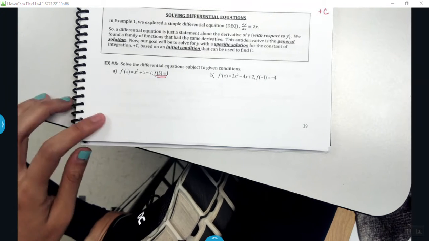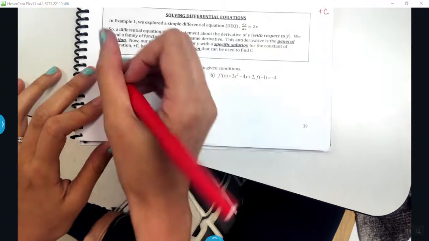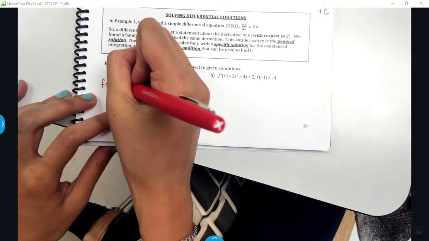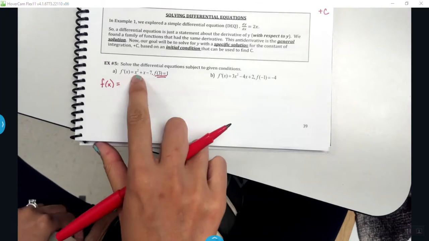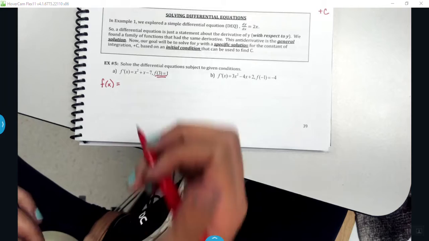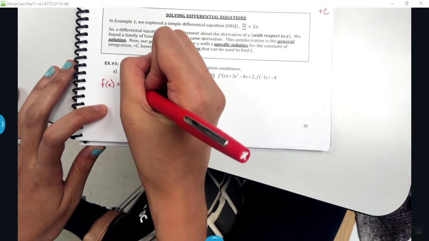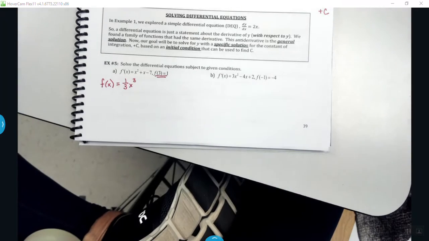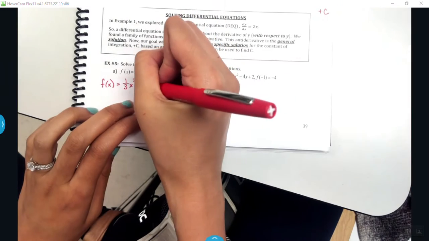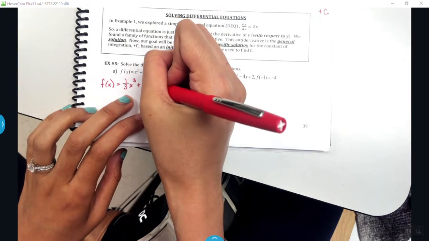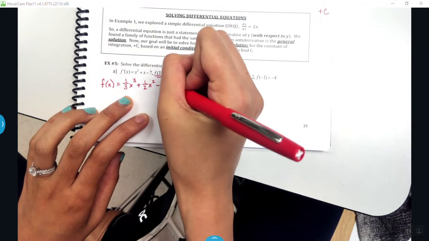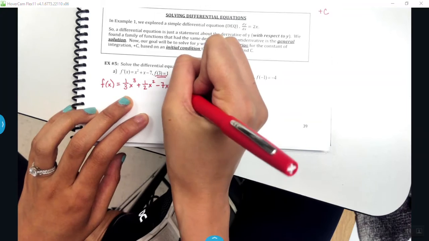So once you've taken the antiderivative, which we'll do now, f of x equals, okay, let's antiderive this. That would be 1/3 x cubed, right? Plus 1/2 x squared minus 7x plus c.